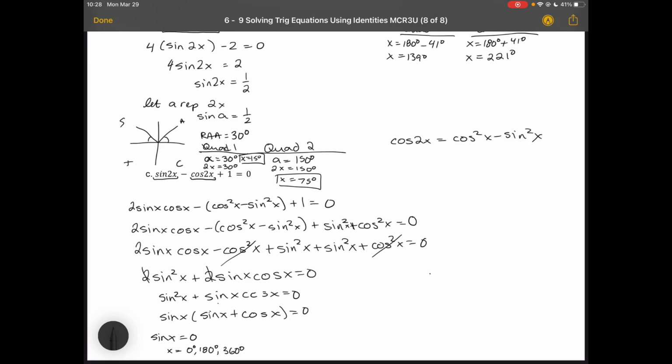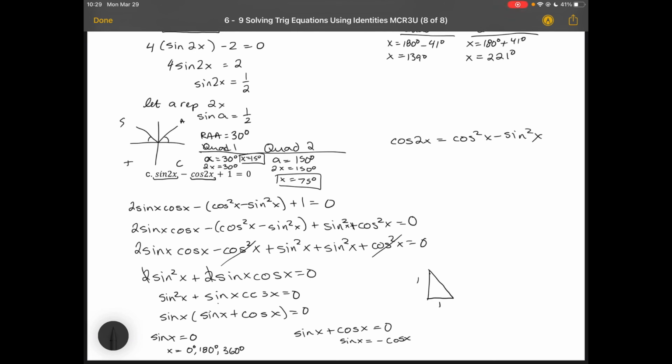And I've got sine x plus cos x. So let's rewrite this as sine x equals minus cos x. And then I'm going to think about if there are any values where I can get that.